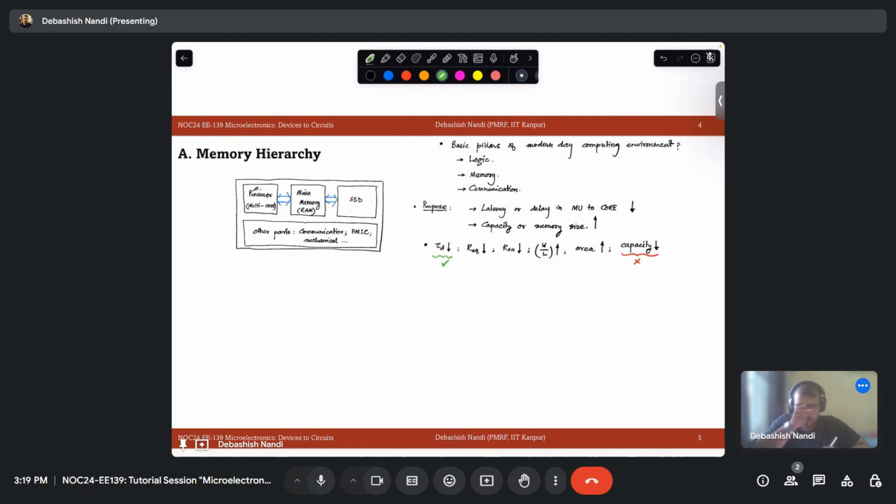This kind of problem can be solved by having a memory hierarchy, where you break down the memory into multiple blocks and make the required amount faster, and the remaining amount, which is not required as often, you can make slower but of a larger capacity.